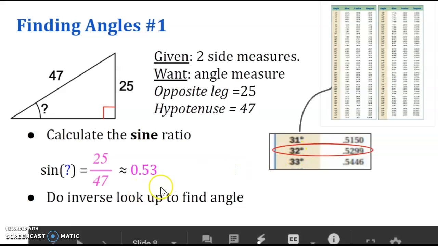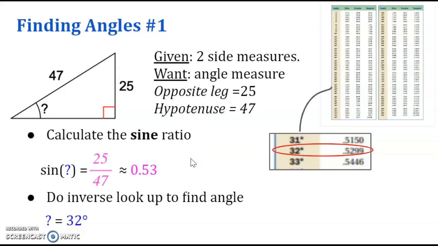So I know that the angle had to be 32 degrees, okay? But you're also going to know how to use your calculator so that you do not need to rely on the trig table. But for now, let's just focus on the trig table that you do have, okay?